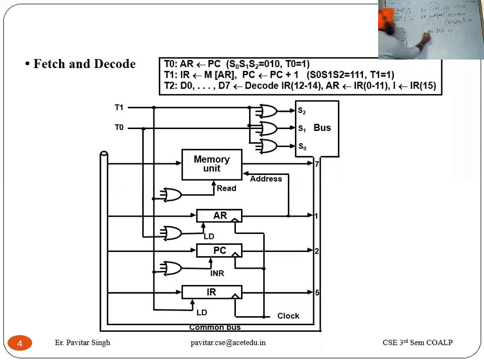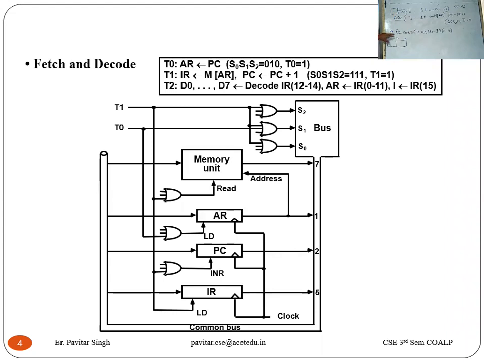After that, bits 12 to 14 of IR will be decoded into D0 to D7.